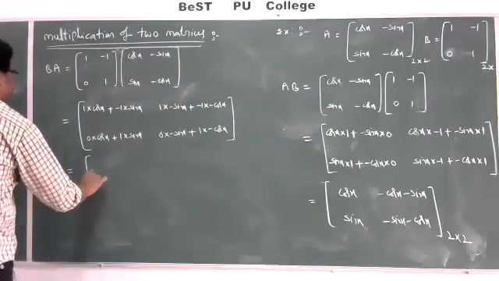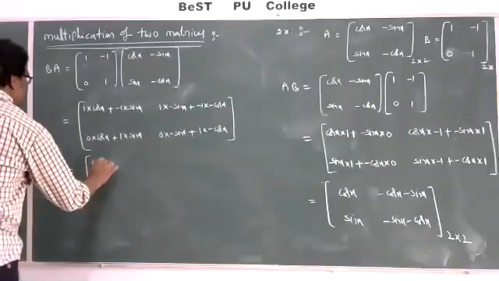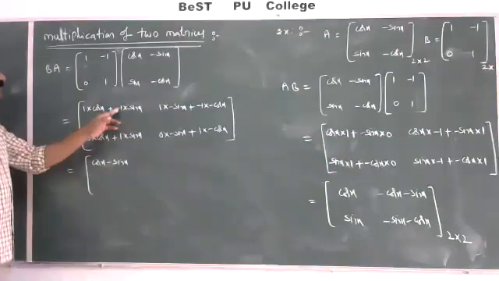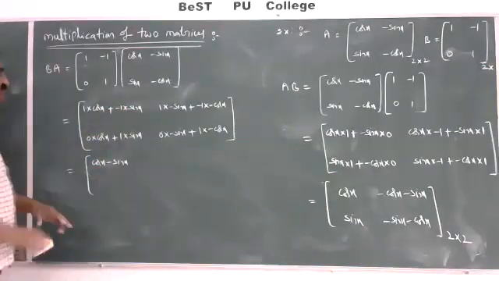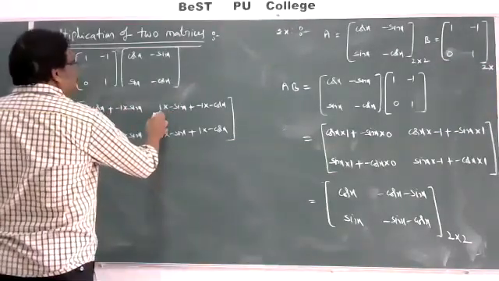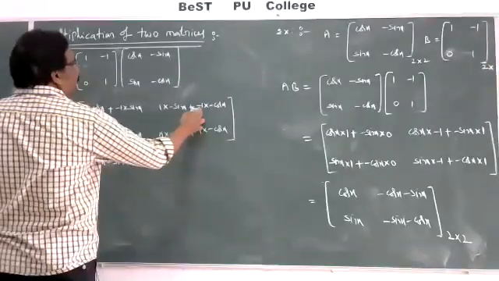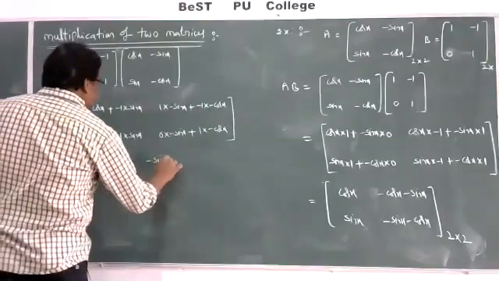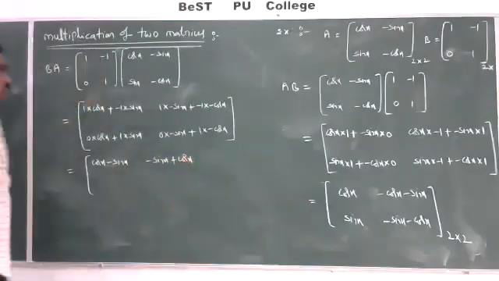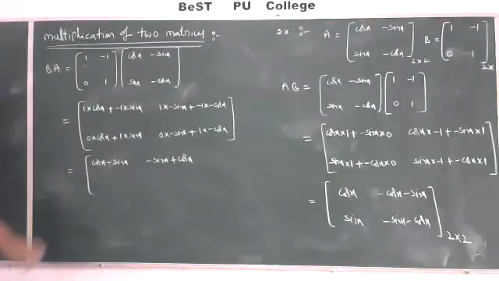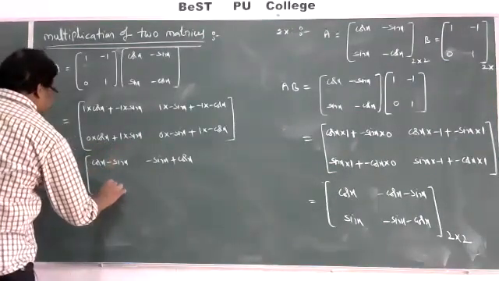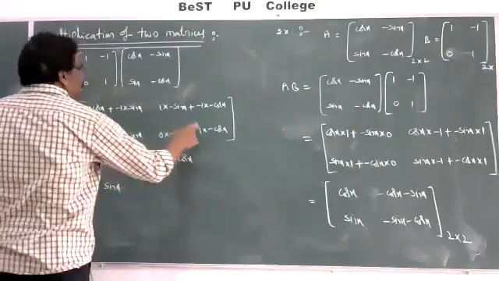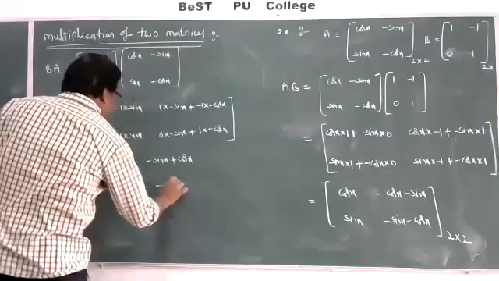Then you get here cos x minus sin x. So 1 into cos x, minus 1 into sin x is minus sin x. Here minus sin x, minus into minus is plus, that is minus sin x plus cos x. Here 0 into cos x, 0, plus sin x into 1, sin x. 0 into minus sin x, 0, plus 1 into minus cos x, minus cos x.